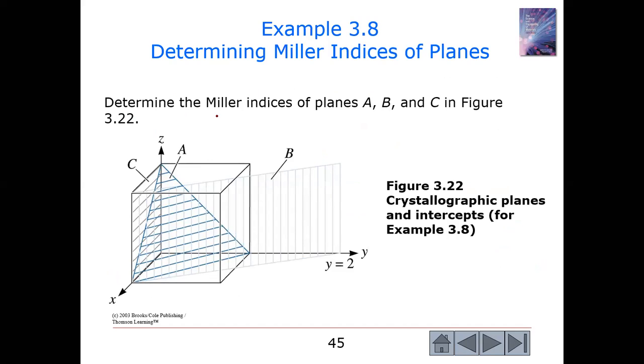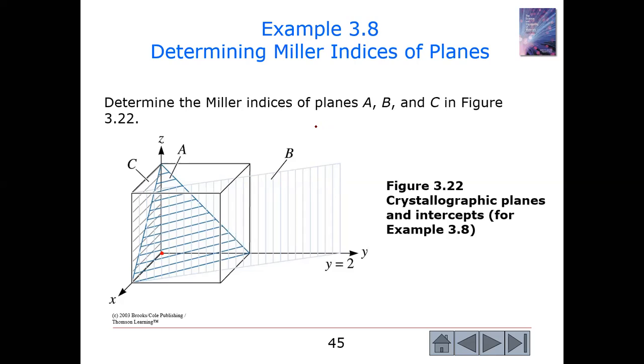Now let's do this example. Determine the Miller indices of planes A, B, and C in this figure. So let's take this plane A and find out the intercepts. If this is our origin, the plane is not passing through the origin, so we are good here.